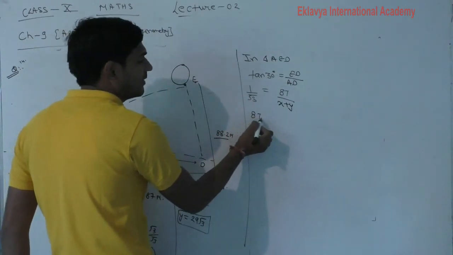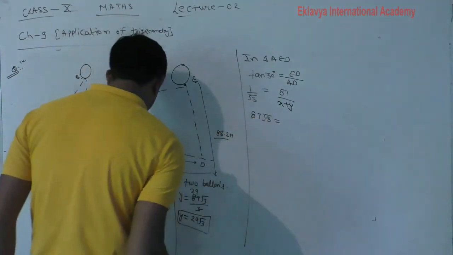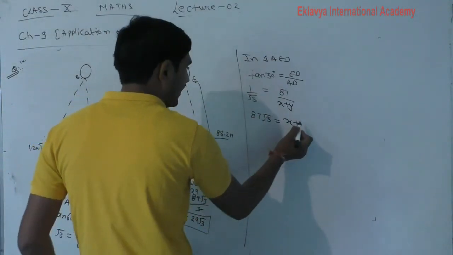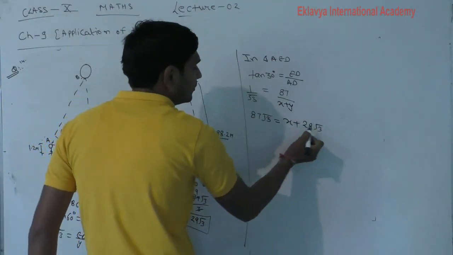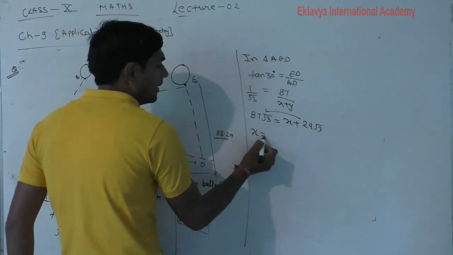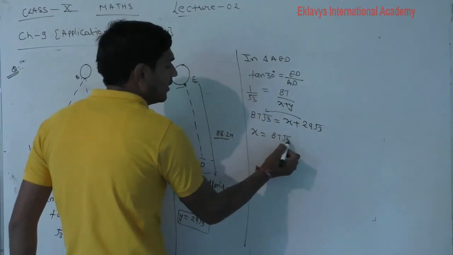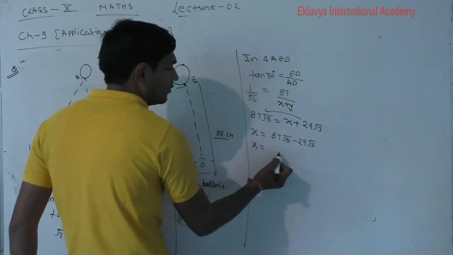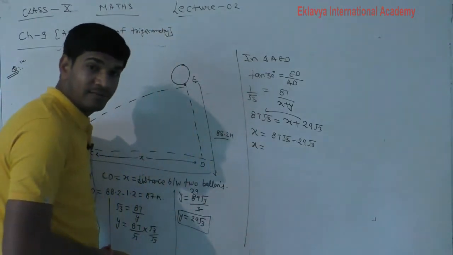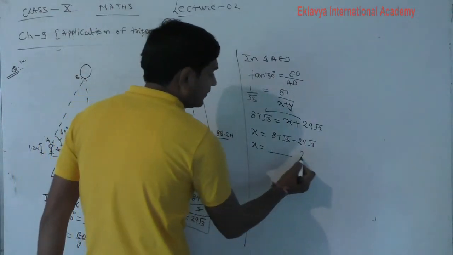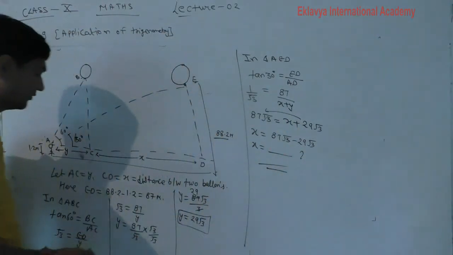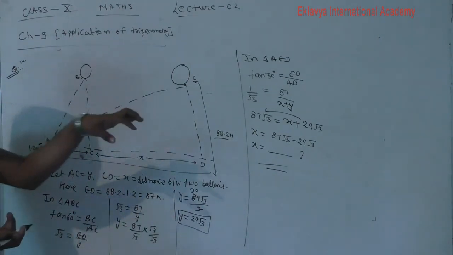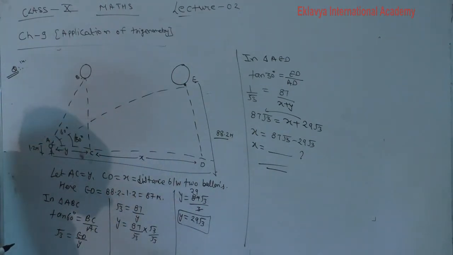So root 3 times 87 equals x plus y, where y is 29 root 3. Transferring, x is 87 root 3 minus 29 root 3; subtracting, the answer comes. That is the value of x, the distance between the two balloons after some time.